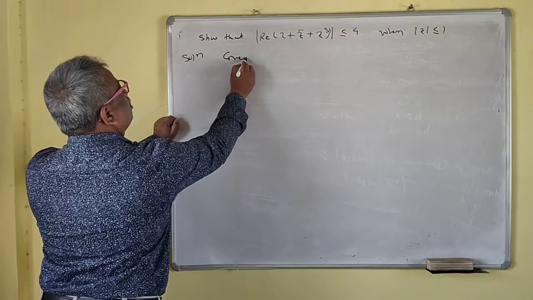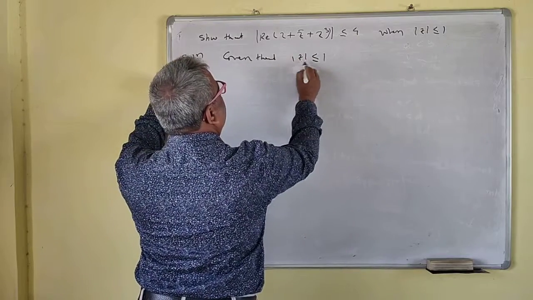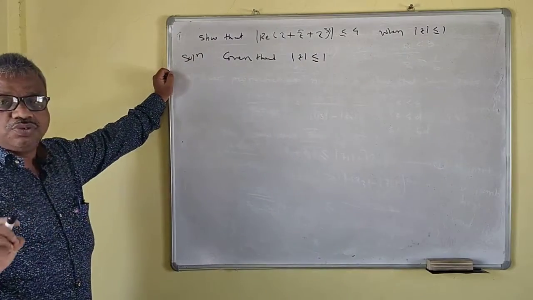Given that mod z is less than or equal to 1. This is provided to you.